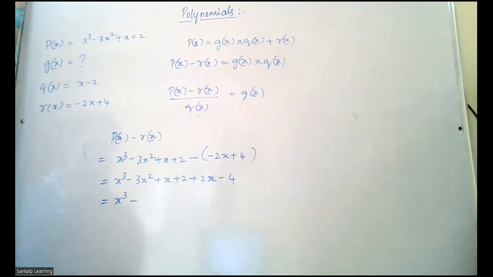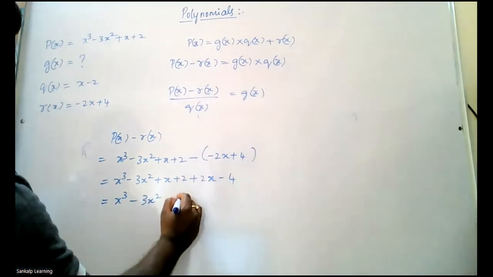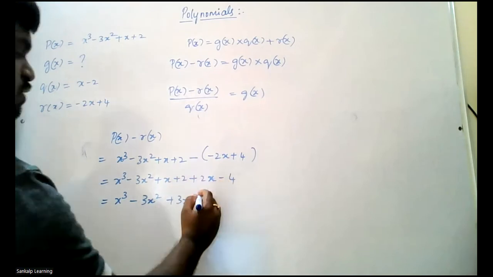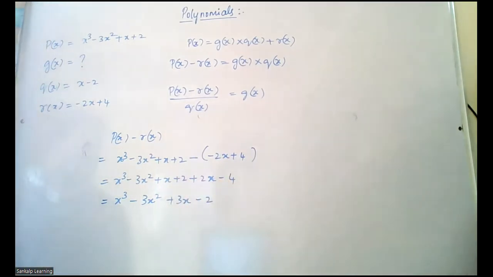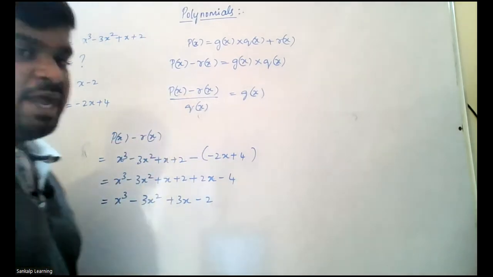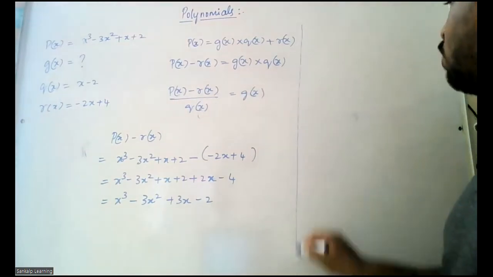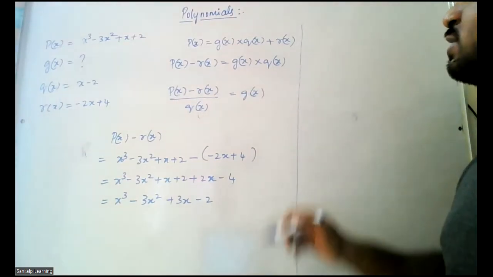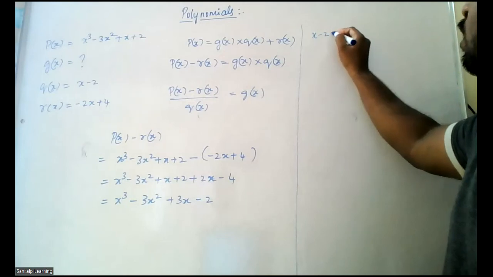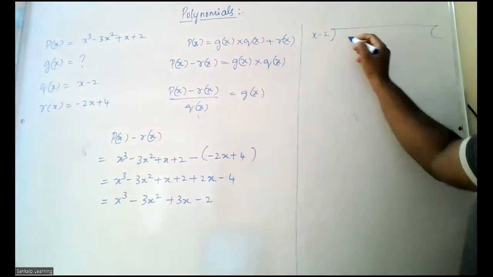We get x cube minus 3x squared plus x plus 2x will become plus 3x, plus 2 minus 4 will give us minus 2. So this is p of x minus r of x. This we are going to divide by q of x. Okay, let's do that. So what is our q of x? Our q of x is x minus 2. Okay, what is our p of x minus r of x that we have got?